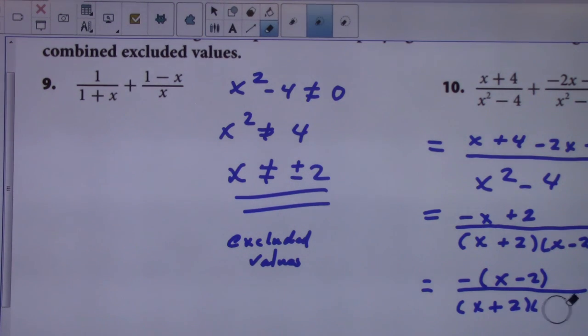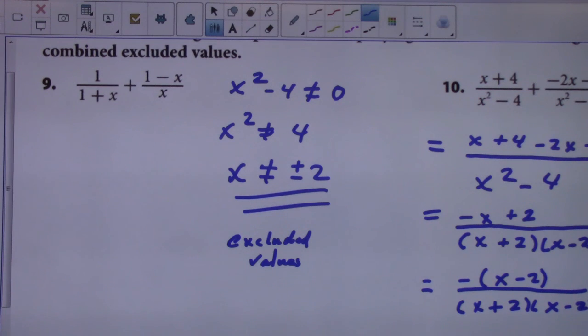Let me write that down here. So we cancel out this, right? So what do we have left? We have negative 1 over x plus 2. So this right here is going to be our answer, with our excluded values.